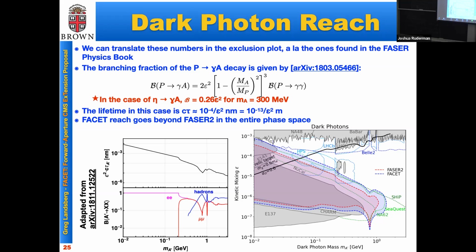But basically, just from the solid angle, you see that FACET wins over Phaser over the entire plane.